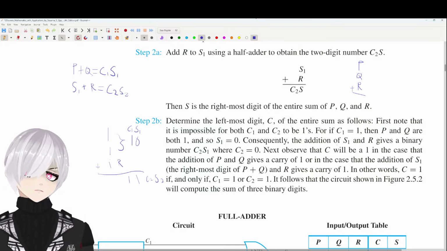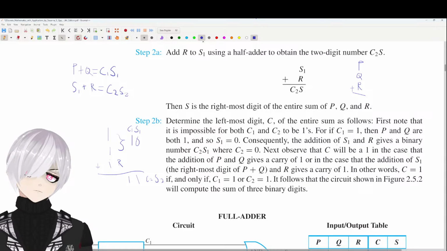So they said first that if C1 is 1, then S1 is 0, which we got. Given that S1 is 0, then S1 plus R is going to be 0 plus R. So it's either 0 plus 1 or 0 plus 0, and that's going to give you a one digit thing, either a 0 or a 1.